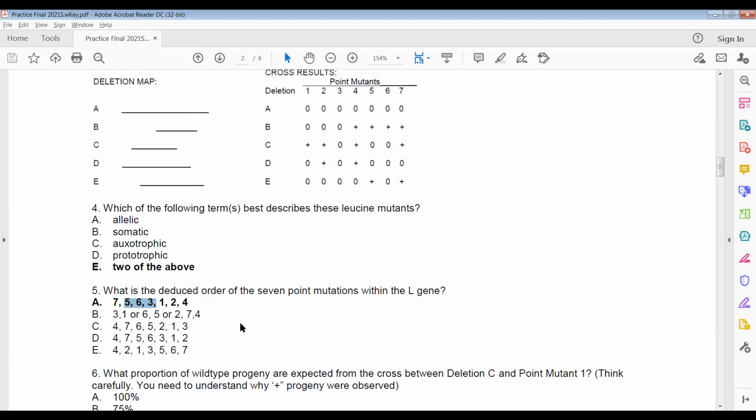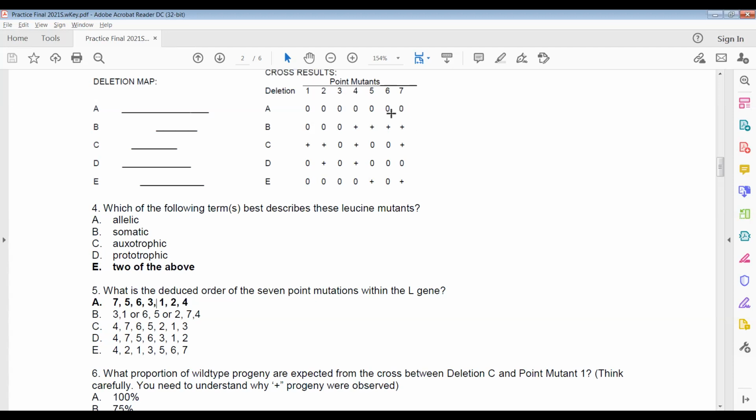So this is the region, and the 1 is here. So the crossover between deletion C and the point mutant 1 should be between 1 and 3. So only a crossover occurring between 1 and 3 can generate the prototrophic progeny. Do you agree?